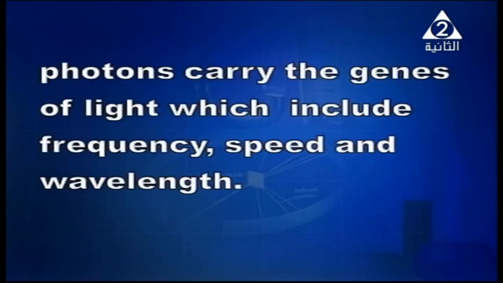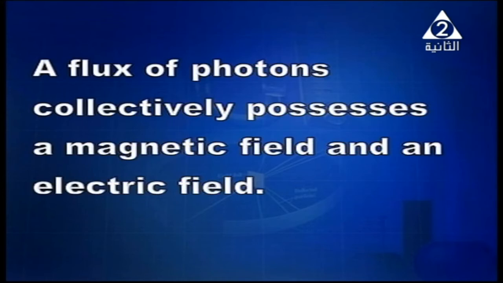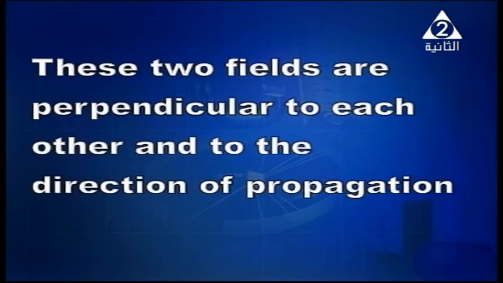That's to say, photons carry the genes of light, which include frequency, speed, and wavelength. But what about the wave? A wave describes the collective behavior of photons. A flux of photons collectively possesses a magnetic field and an electric field. These two fields are mutually perpendicular to each other and perpendicular to the direction of propagation.